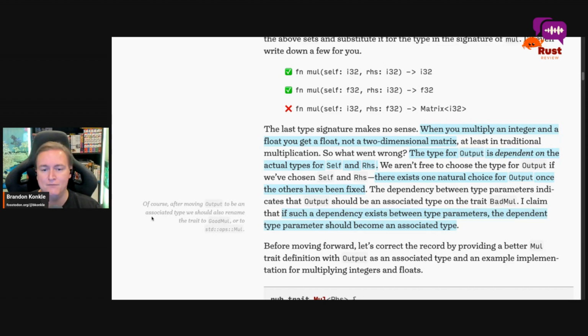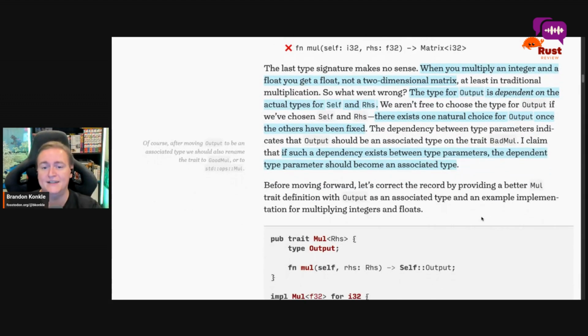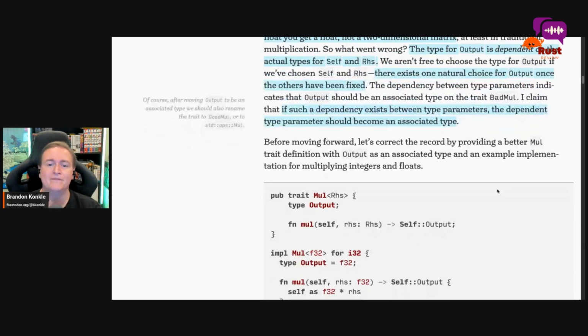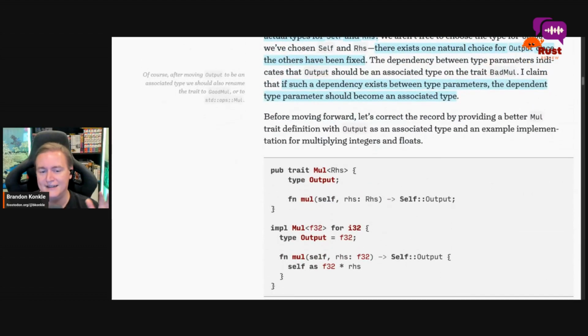So output is dependent on self and RHS. And so that dependency between those type parameters, that's the important part here. If such a dependency exists between type parameters, the dependent type parameter should become an associated type. Because as he goes on later to talk about the self and the type parameter, they map to one possible output type.